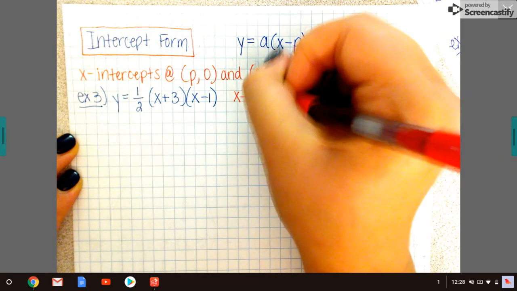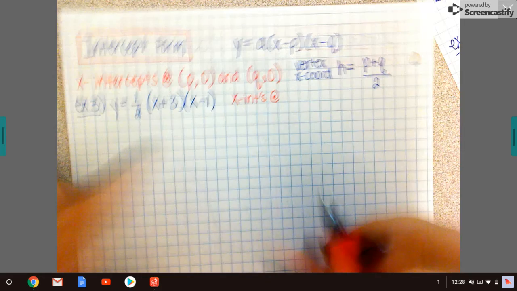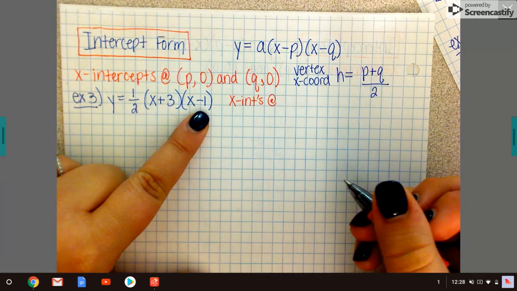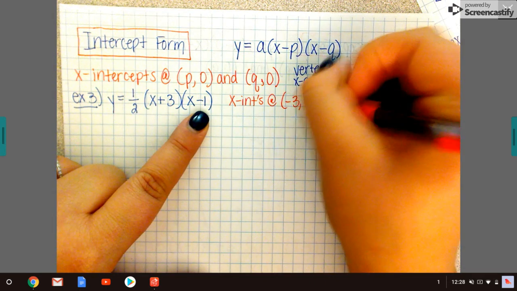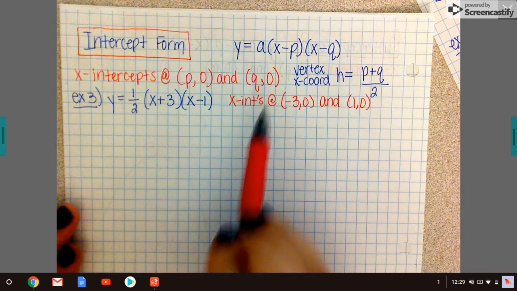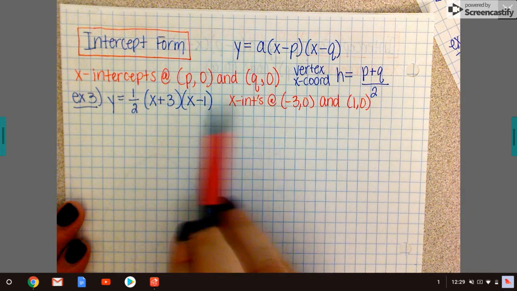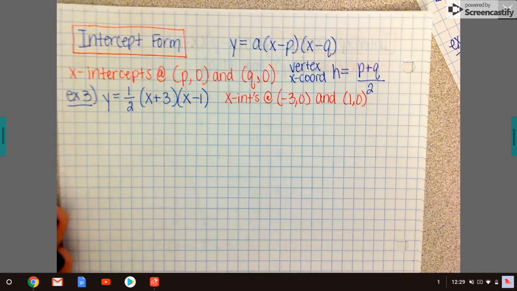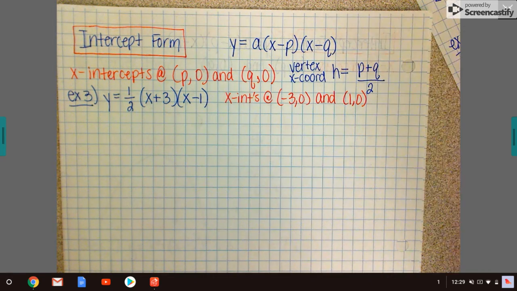So we have x-intercepts at (negative 3, 0) and (positive 1, 0). So opposite of 3 is negative 3, 0. Opposite of negative 1 is positive 1, 0. So I have both x-intercepts now, and I can go find my h as well.